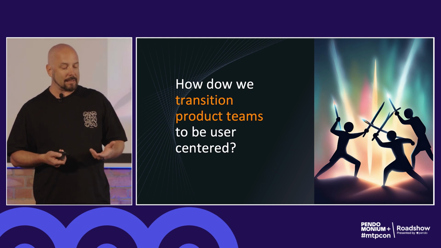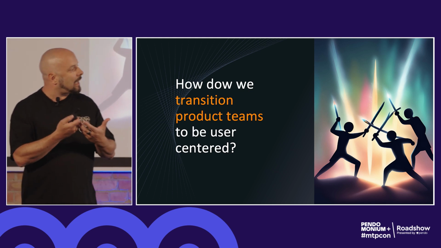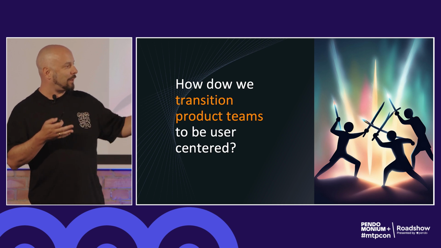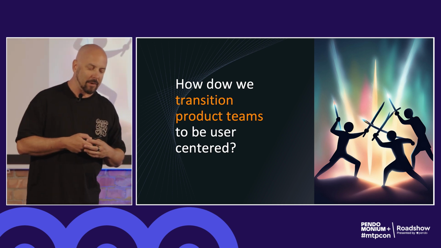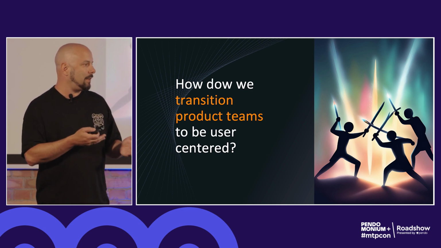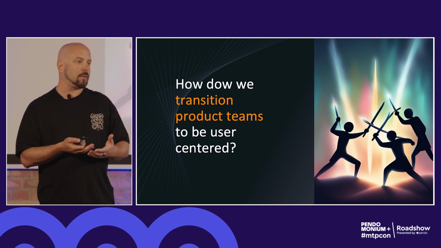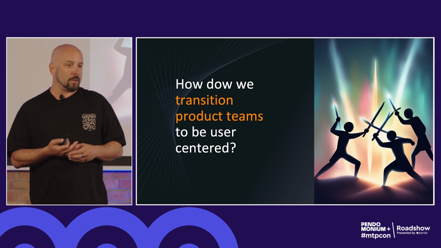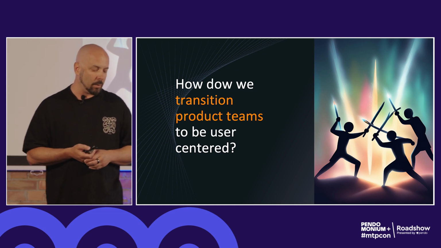And so the question is, how do we transition teams that are not on this perfect end of the scale, where everything is well integrated, to be more user-centered? That was the challenge that Google was facing at that time, because we were shipping our org charts and we needed to become more user-centered.